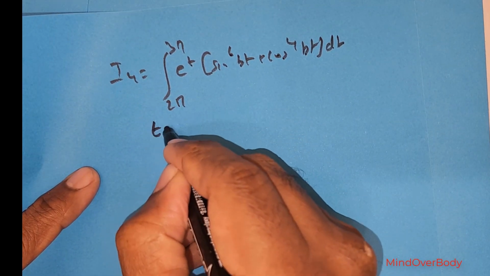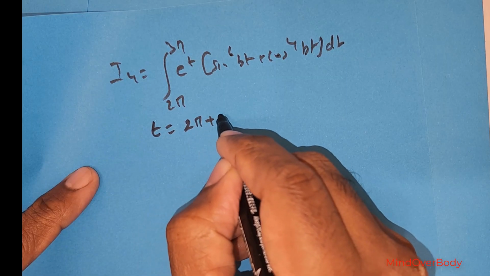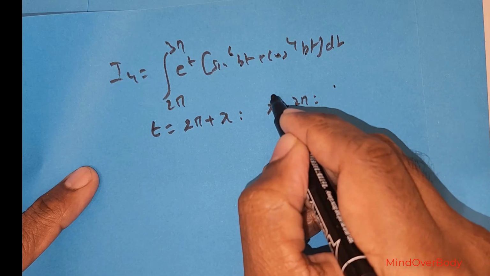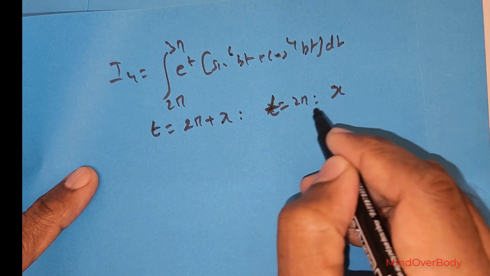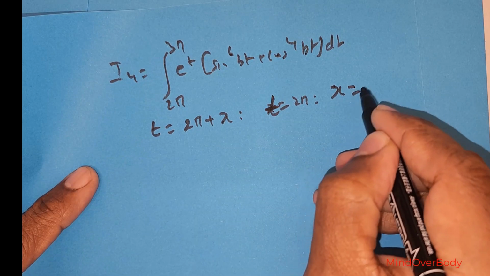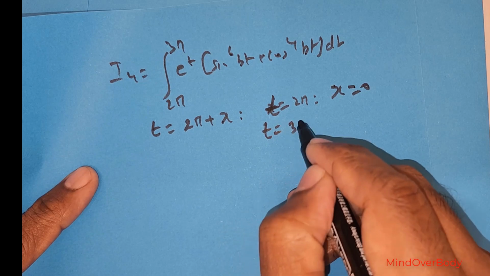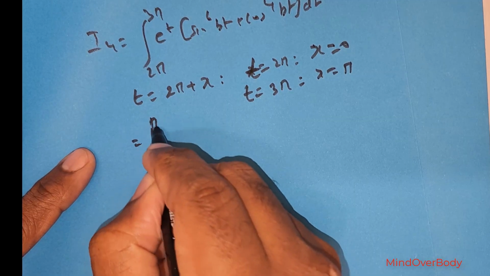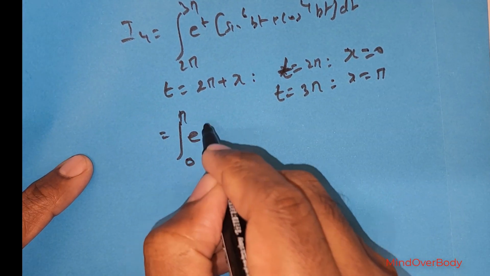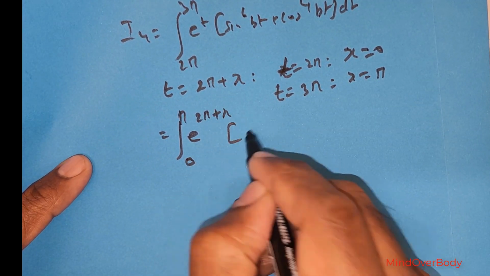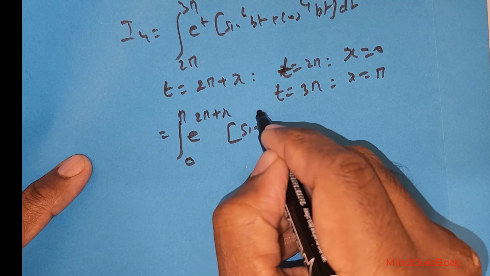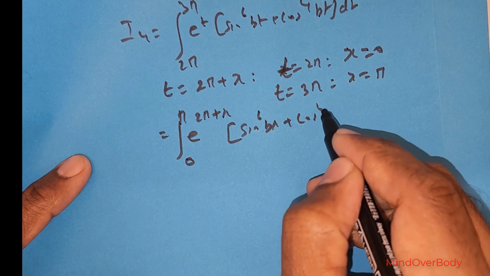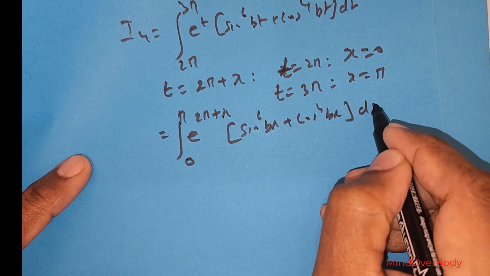So I substitute t equal to 2π + x. When t is equal to 2π, x becomes equal to 0. When t is equal to 3π, x becomes equal to π. So this is going to be the integral from 0 to π of e^(2π+x) times sin^6(bx) + cos^4(bx) dx.